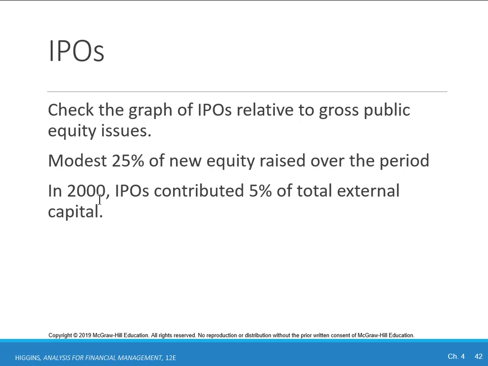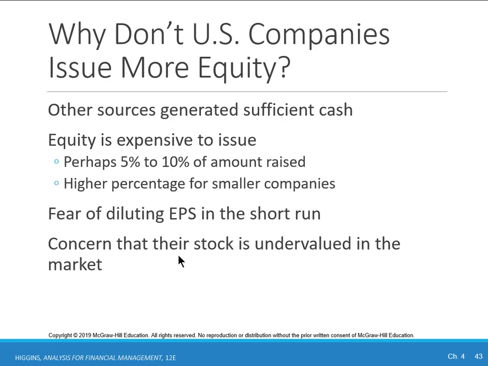So in 2000, when we had this huge spike in new equity being issued, IPOs contributed only about 5% of that total. Now, I'm aware that percentages can look crazy, but you do have to understand that only a small portion is this new stock issuance.